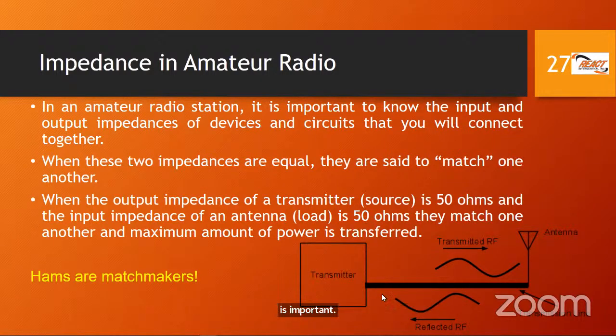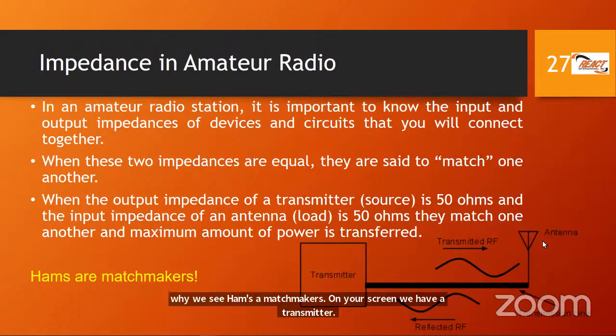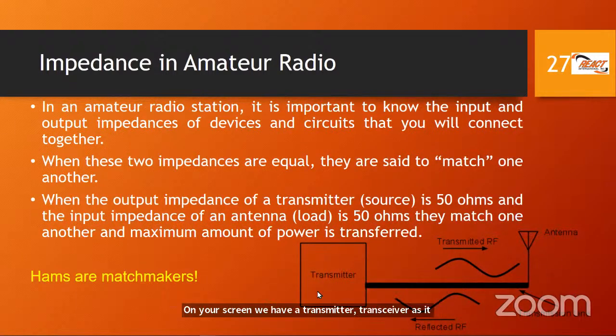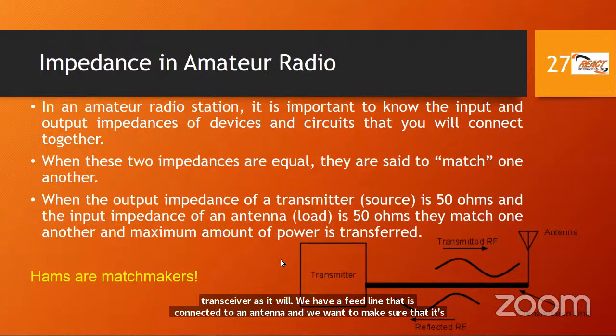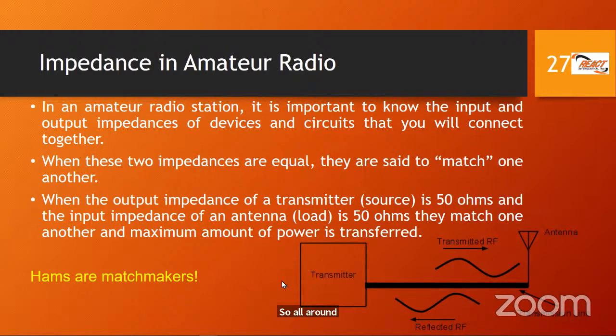On your screen, we have a transmitter, or transceiver as it were. We have a feed line that is connected to an antenna, and we want to make sure that it's properly matched. So all around town, we'll be talking about hams matching things, right? This is just a slide for your information on why the concepts we just talked about are important to us.